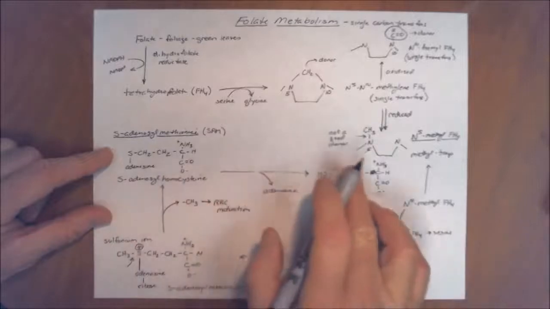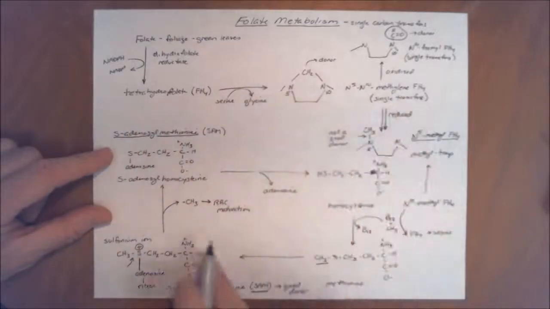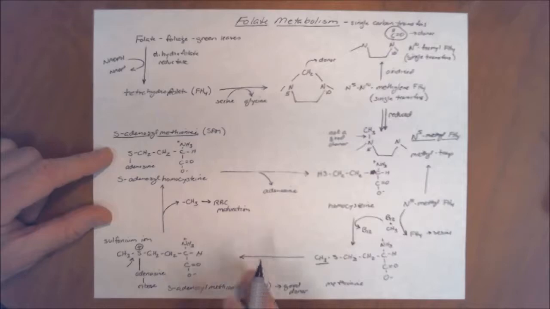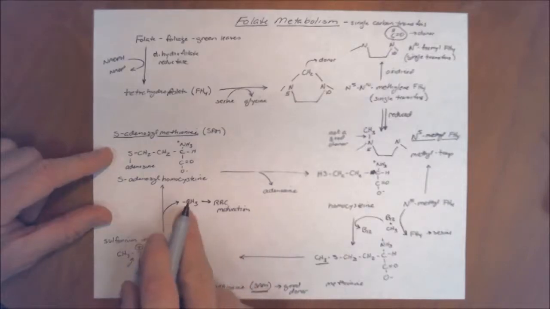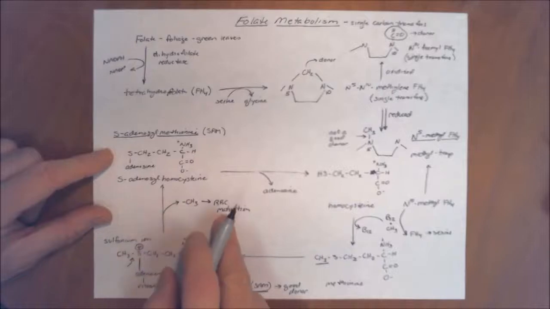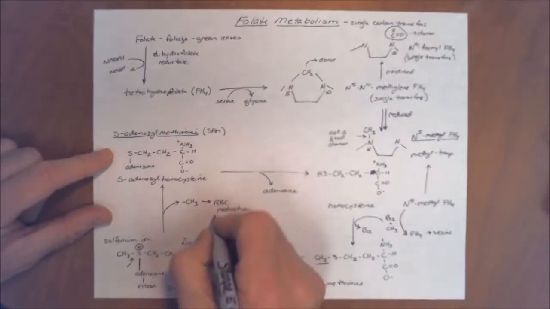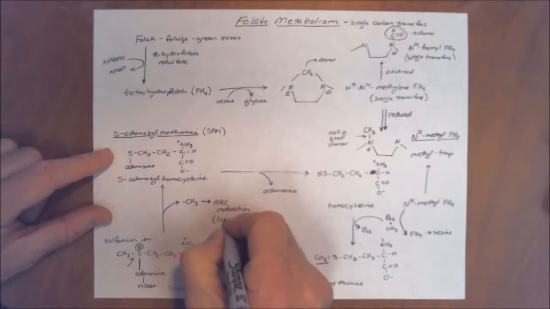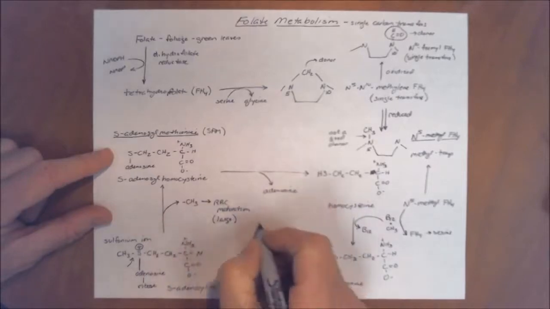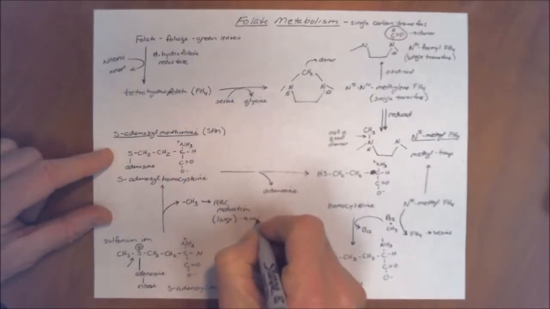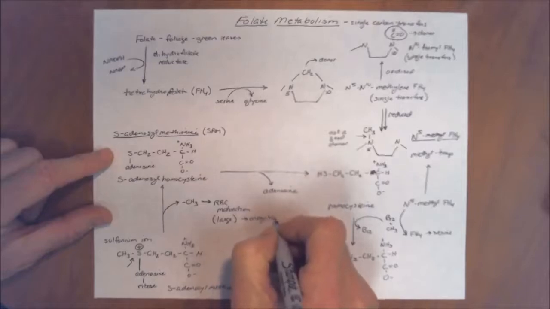If we are deficient in folate, we are deficient in regenerating the S-adenosylmethionine, and so our one-carbon transfers are inhibited, and therefore our red blood cells do not properly mature, and they remain very large, leading to megaloblastic anemia.